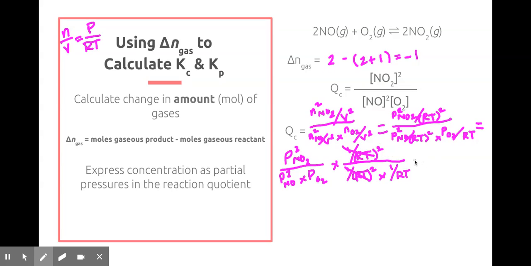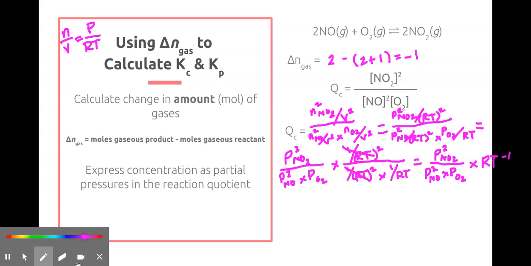When we simplify further, we will see that our partial pressure NO2 squared over the partial pressure squared of NO times the partial pressure of O2 times RT to the negative first. So that would be 1 over RT, or RT to the negative first.